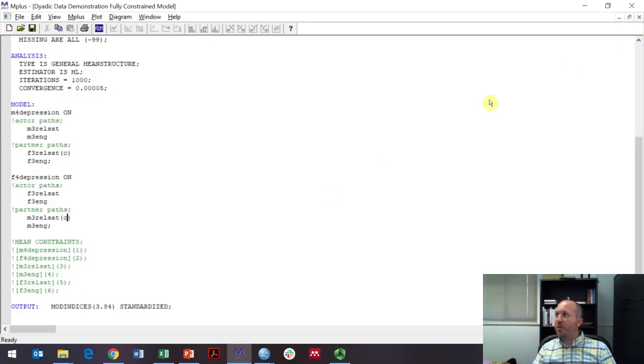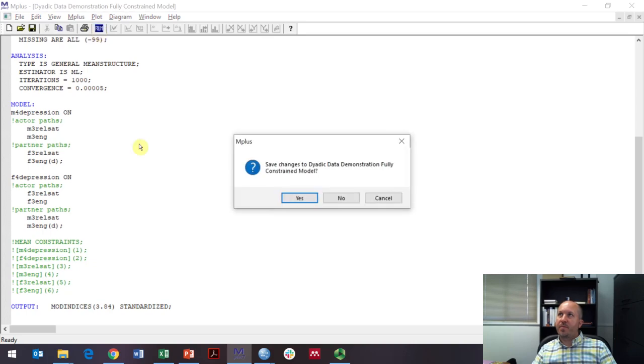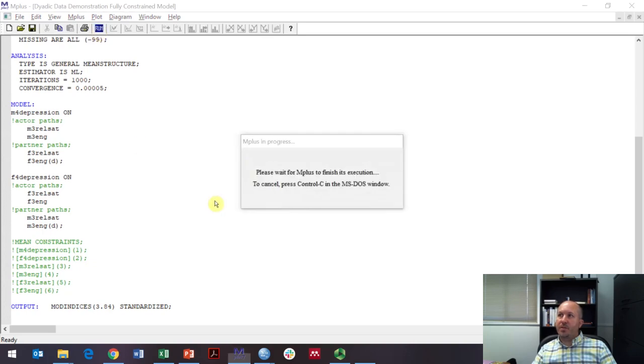Now I just have one more path to test. So let me get rid of those. And I'm going to test my other partner path here. This is my last one here to see if this one is significantly different. Ready to run that.